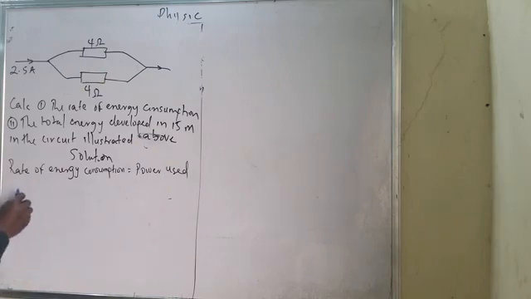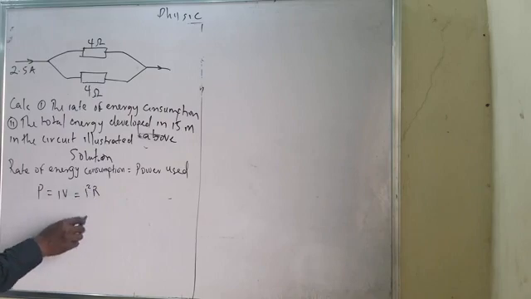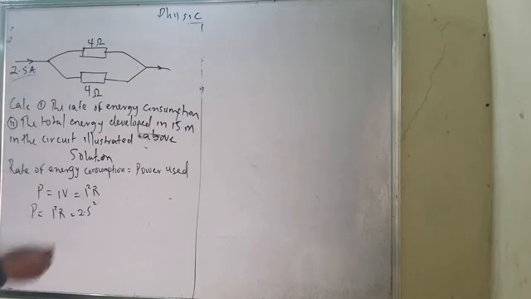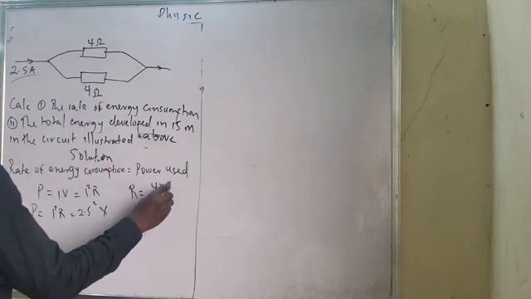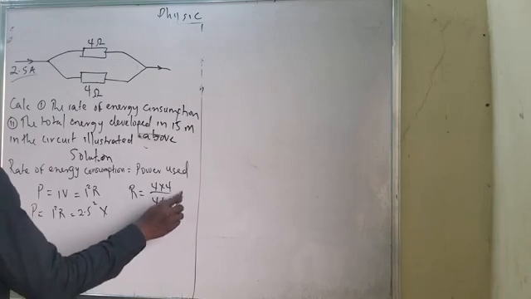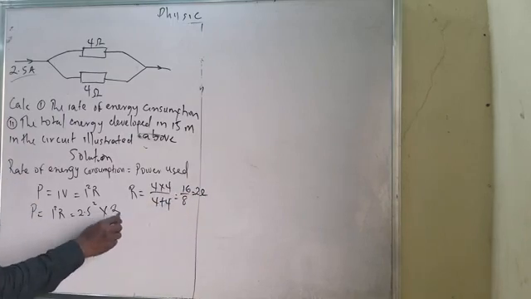Now we all know that my power equals IV, which is also V squared over R, and P can be equal to I squared R. I'll be having 2.5 squared because my current is 2.5, multiplied by the resistance. This is in parallel: 4 multiplied by 4 divided by 4 plus 4, which is 16 over 8, which is 2 ohms.